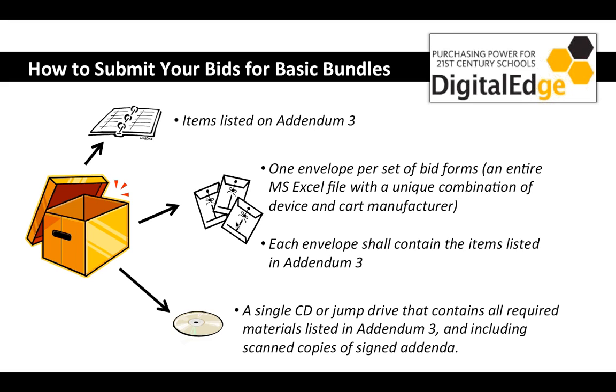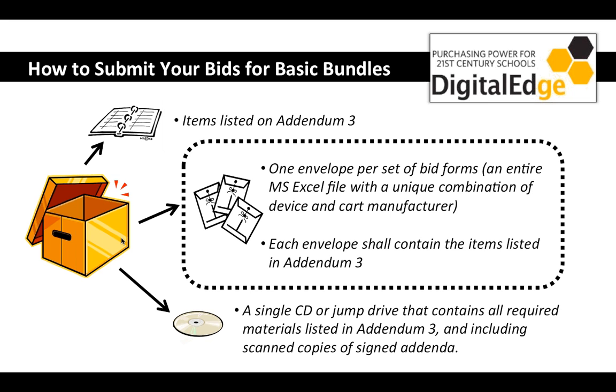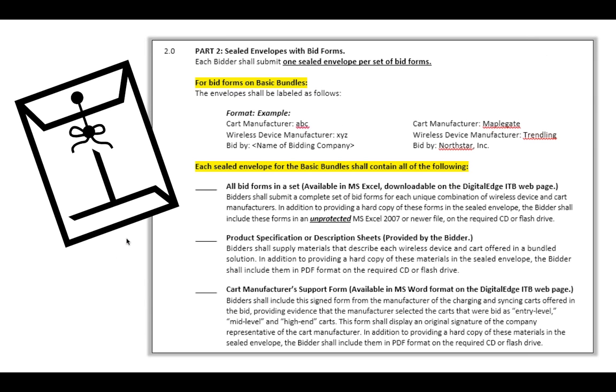And so after you've put all those envelopes together, you put them in the same box. And then finally, we require that you put everything onto a CD or a jump drive as described in Addendum 3, and put that CD or jump drive in this binder and just put it into the box. But the part that's closed now in the dotted lines is the part that has changed the most in the addendum.